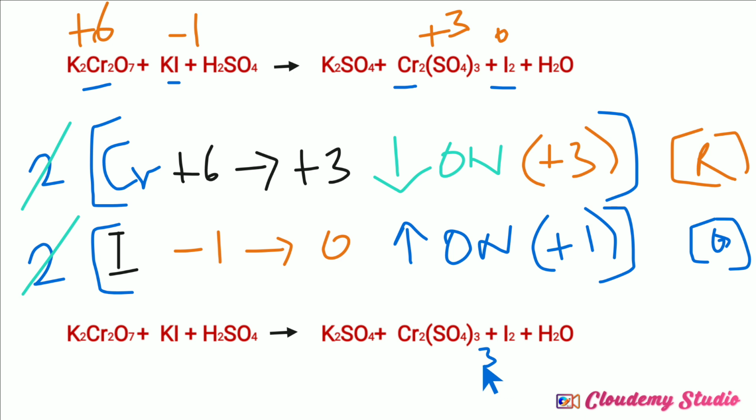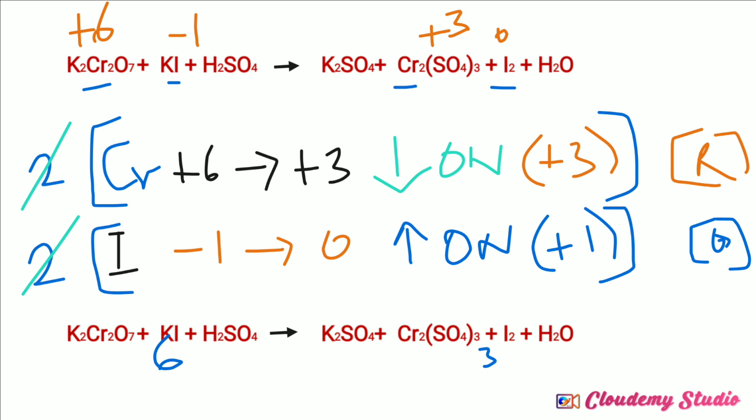Now on the right hand side, 3 times 2, 6 iodine. Therefore the left hand side also must have 6 iodine. So this KI must be multiplied by 6 times.